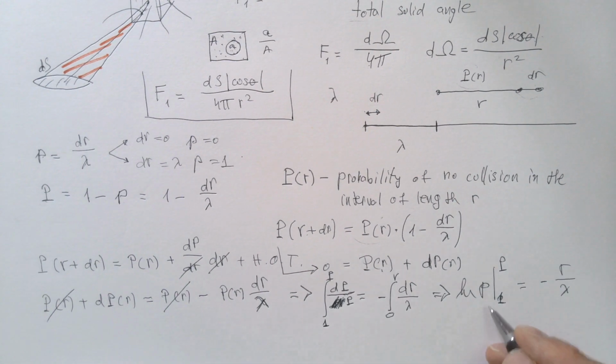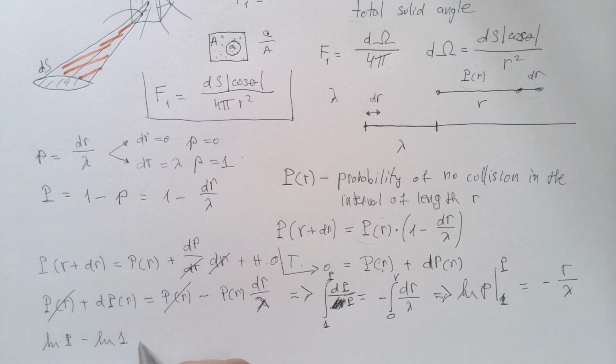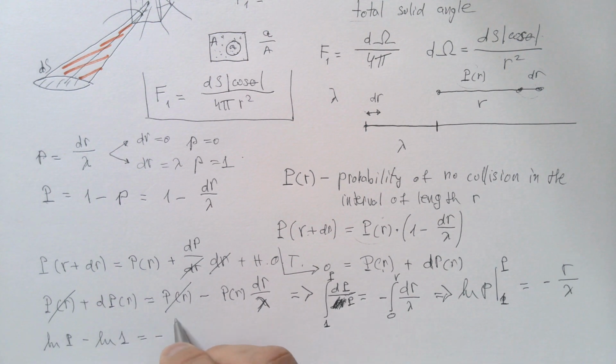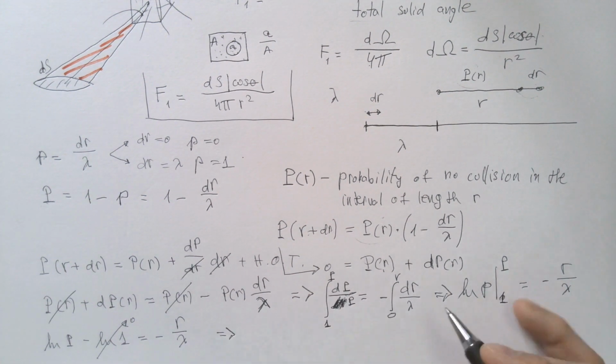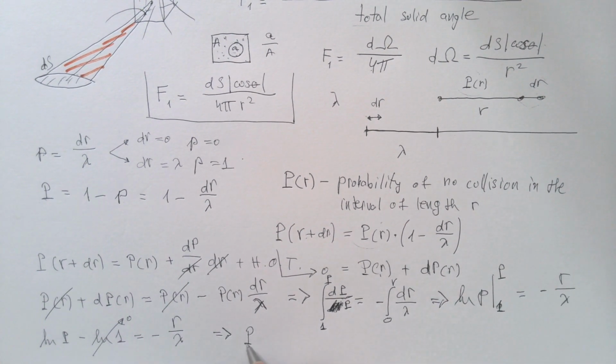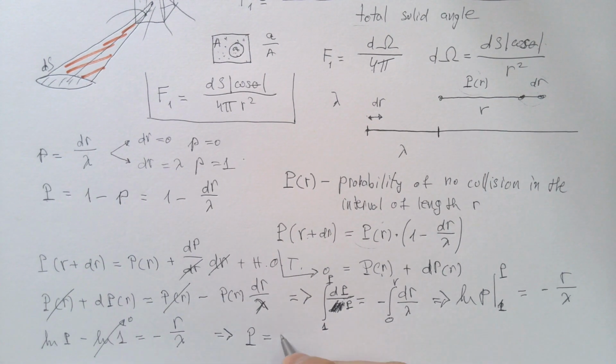Or I can write therefore that ln capital P minus ln 1 is equal to negative r over lambda. But ln of 1 is 0, so we can see that P, after exponentiating, is equal to e to the negative r over lambda.